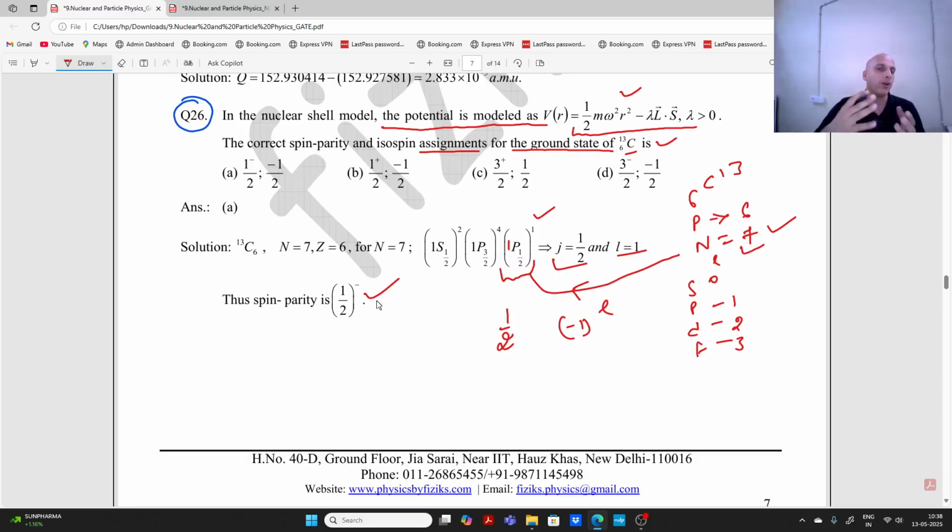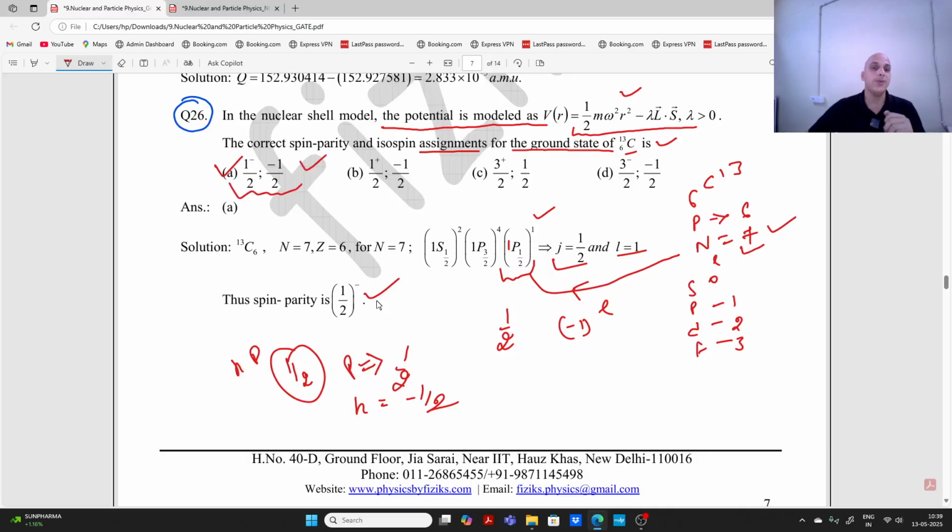They are asking about the isospin of the unpaired particle, not the total isospin. We know very well the isospin for the nucleon family, 2 members, neutron and proton, is 1/2. But for proton it is +1/2, and for neutron it is -1/2. So this is the correct answer, right? Spin, parity, and isospin of the nucleus.